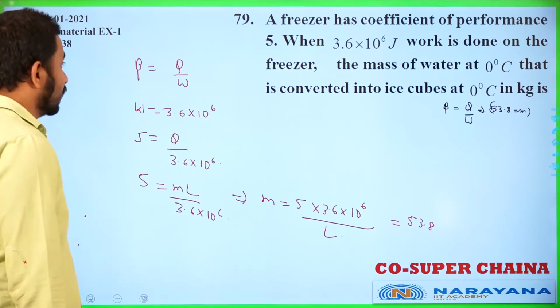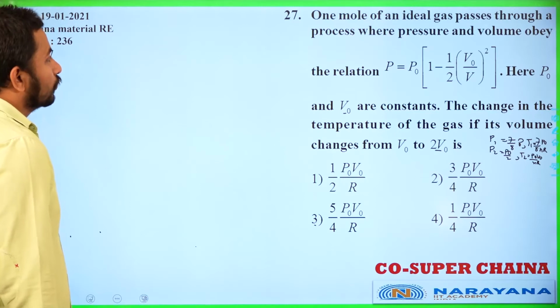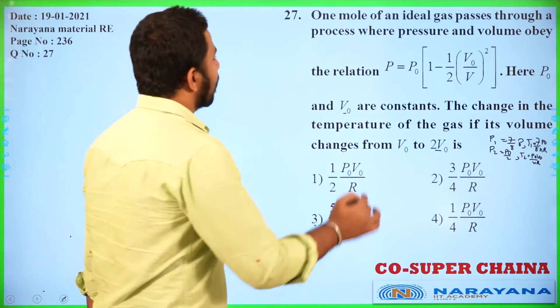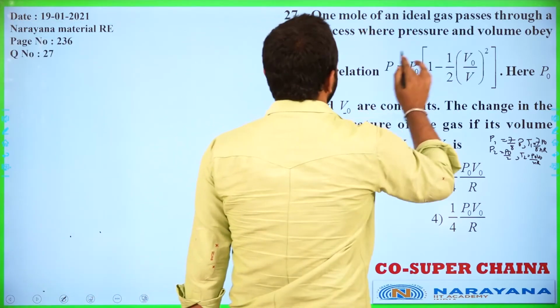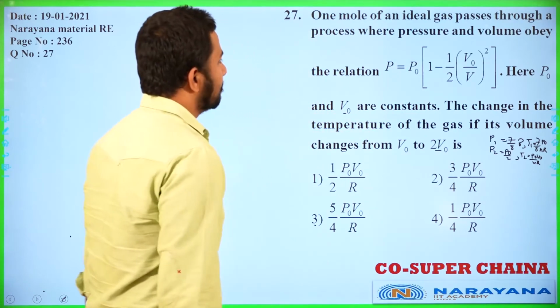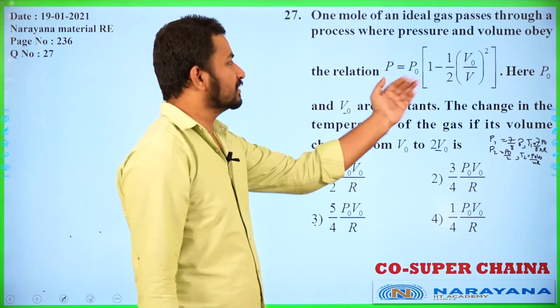So let's proceed to the next one now. Here in this question, 1 mole of an ideal gas is passed through a process, and the pressure and volume relationships are given.